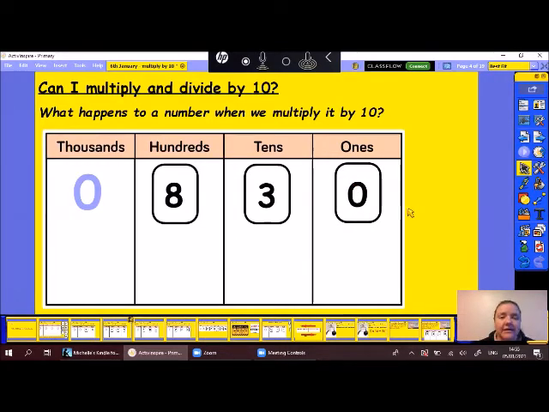So 83 times 10 becomes 830. Why don't you pause the video here, have a go with your numbers at home on your own place value grid, and see if you can multiply some larger numbers by 10.